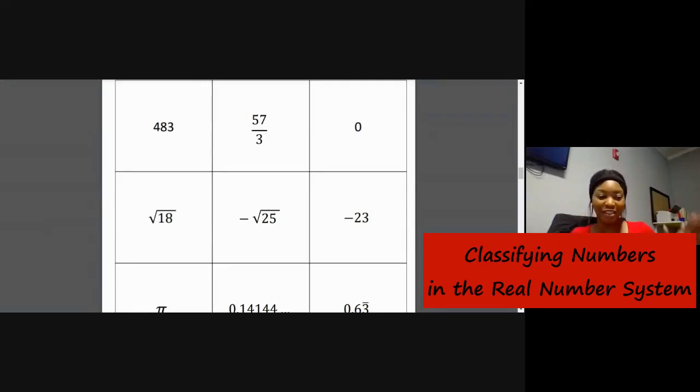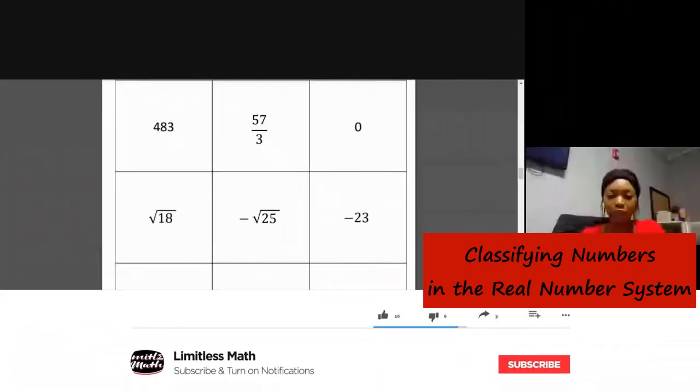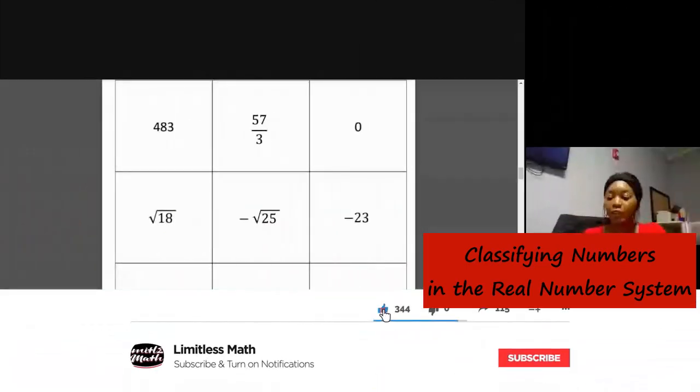Fraction equals rational; not a fraction, or doesn't have the possibility to be a fraction, means irrational. Irrational means you can't make a fraction of it. It's impossible to turn it into a fraction. That's what irrational means.